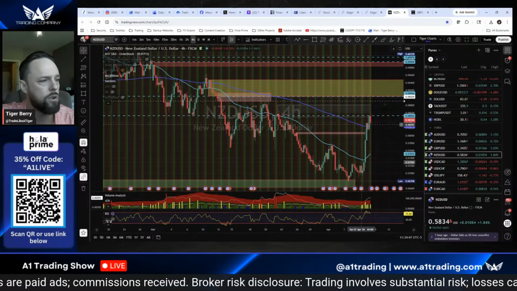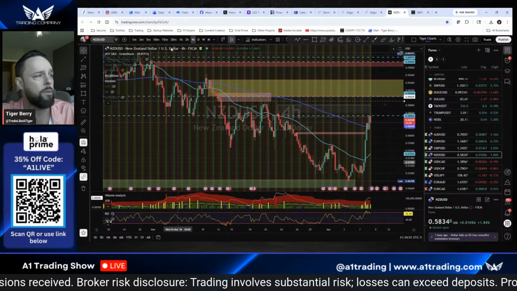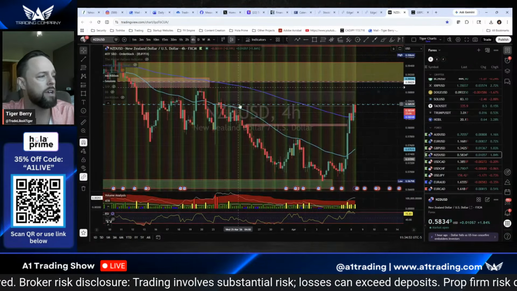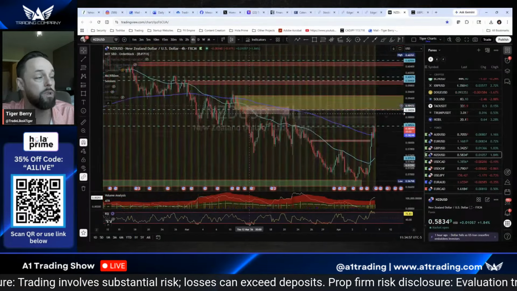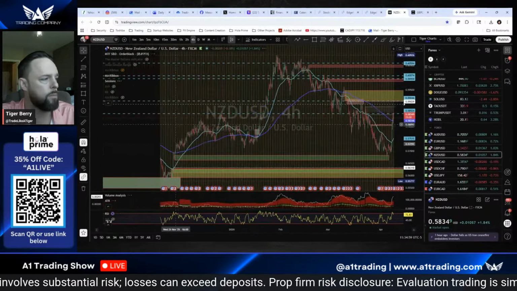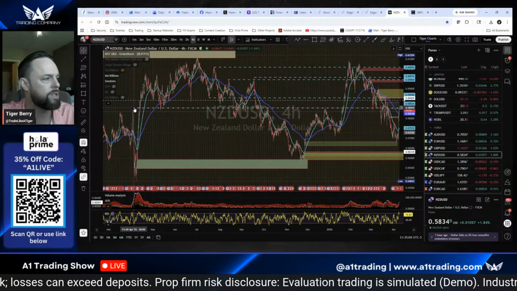There's your 4-hour chart, and obviously I'd have to have a break. Assuming we had a supply zone in this particular area, which also coincides with a former support resistance, which is this blue dash line that we see right here.